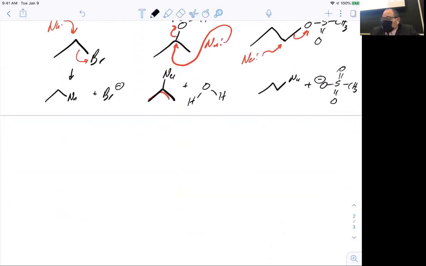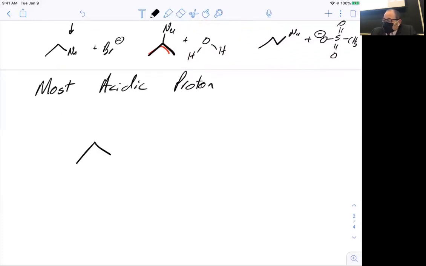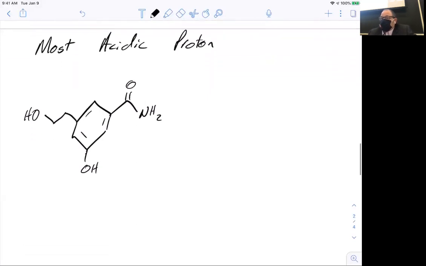Okay, let's look again at some acid-base reactions. And let's look at the most acidic proton. So one of the things you're going to have to do is identify large molecules and identify the most acidic proton, right?